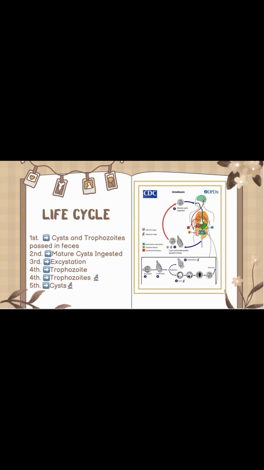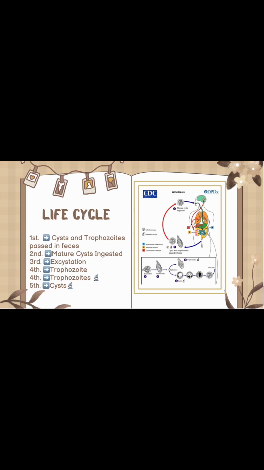The third stage is excystation, which occurs in the small intestine, and the fourth stage is the trophozoites, which are released, migrate into the large intestine, and multiply into trophozoites and cysts.